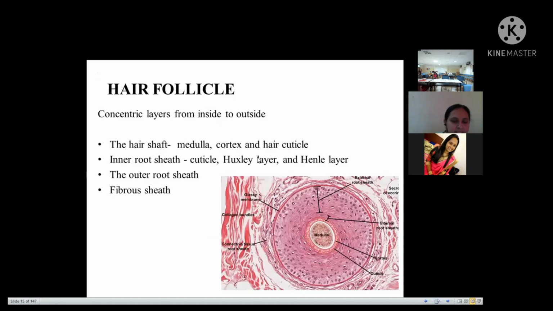So whenever we see routine sections, try looking for the layers of the hair follicle. From the innermost, we have the shaft, which has a medulla, cortex, and cuticle. Then it is surrounded by an internal root sheath, which is again surrounded by the outer root sheath, which has eosinophilic or clear cells, and then it is bound by a hyaline membrane, and then it is surrounded by a fiber sheath.